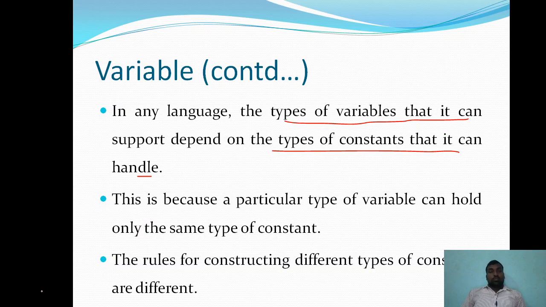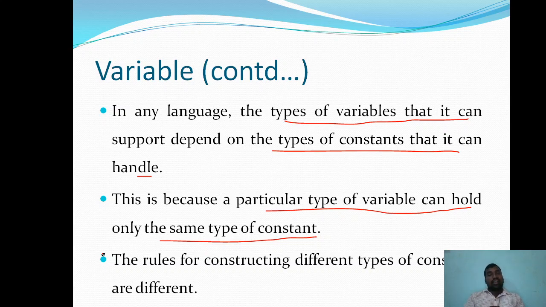This is because a particular type of variable can hold only the same type of constant. If you want to store an integer constant, that value must be stored in an integer variable only. An integer variable cannot accommodate fractional constants.